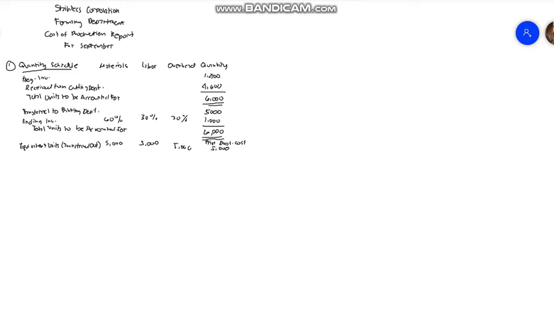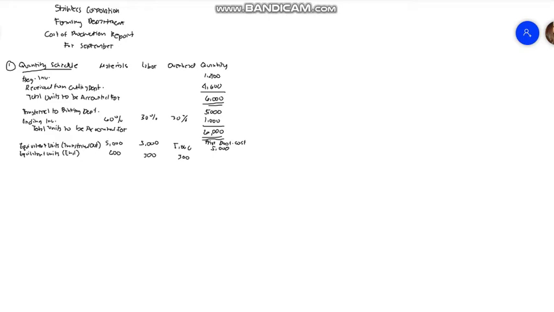Let's go to the equivalent units of the ending inventory. That's 1,000 multiplied by 60%, so that's 600. 1,000 multiplied by 30%, so that's 300, and 300.